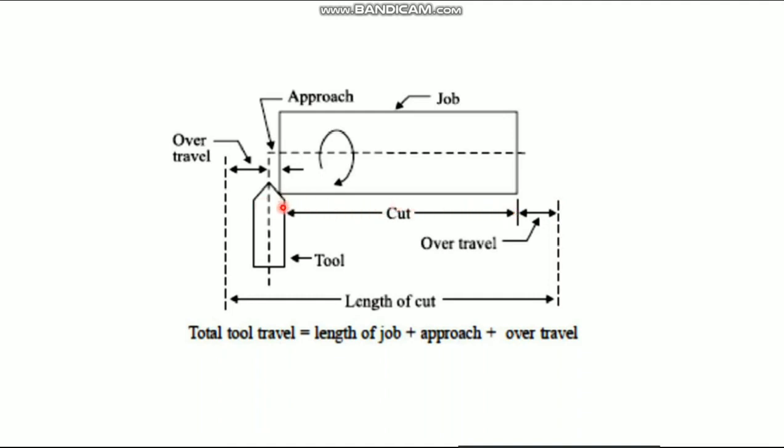Then after the job, the tool will move some distance, that is over travel. The summation of these three is called total tool travel, that is length of job plus length of approach plus length of over travel.